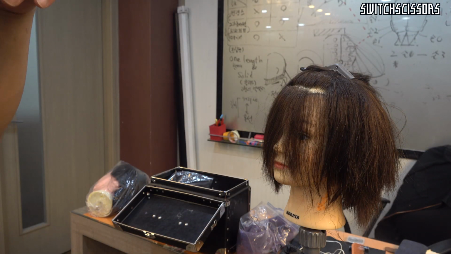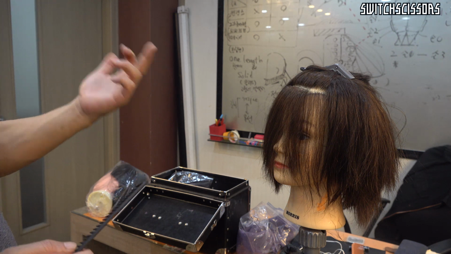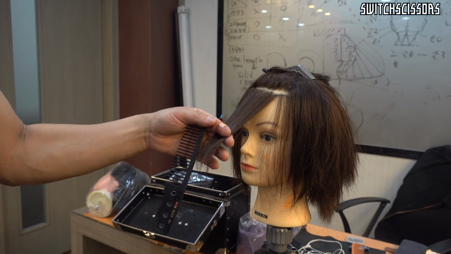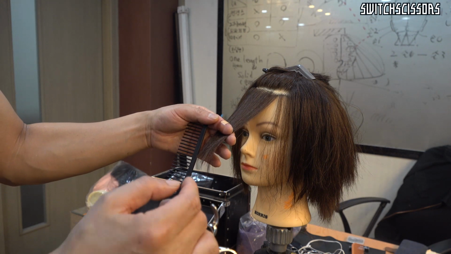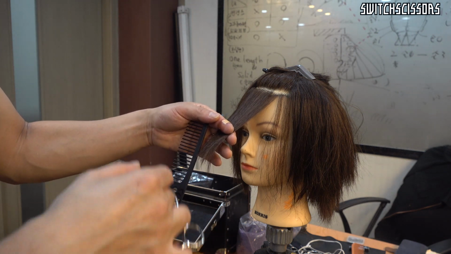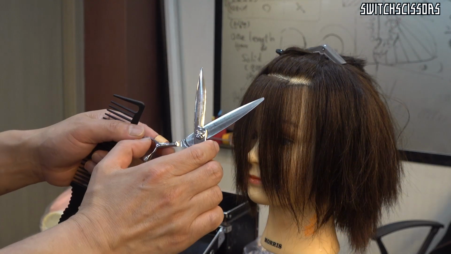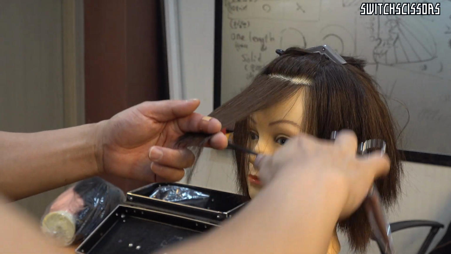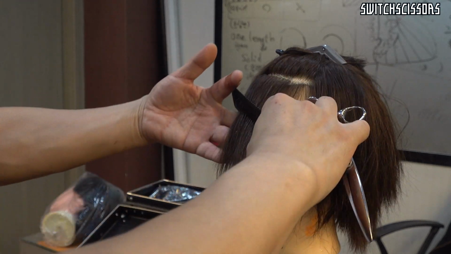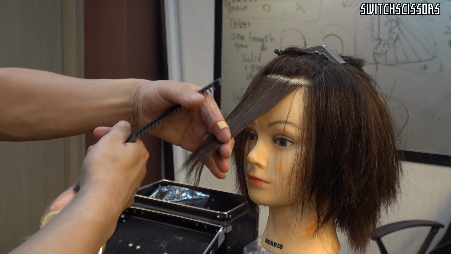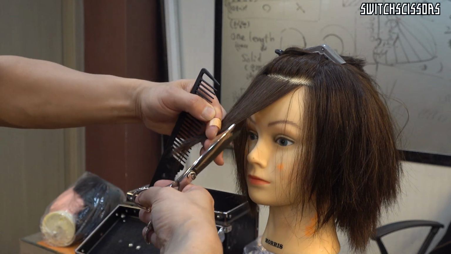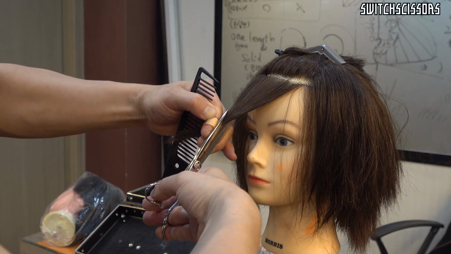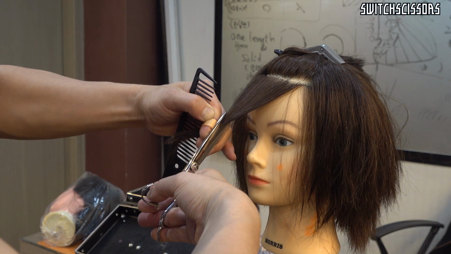As I explained in the first lesson, stroke technique is a dry cut technique. I explained how to do stroke technique with specialized stroke scissors in the first lesson. Grasp a hair strand and twist it.